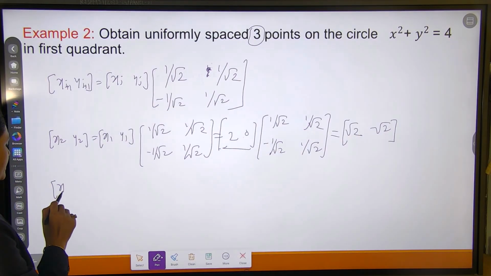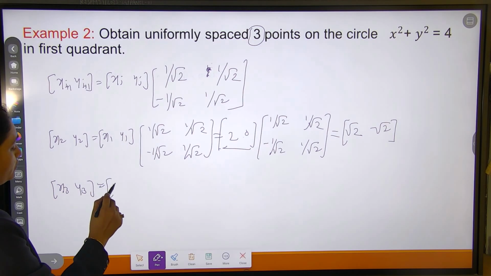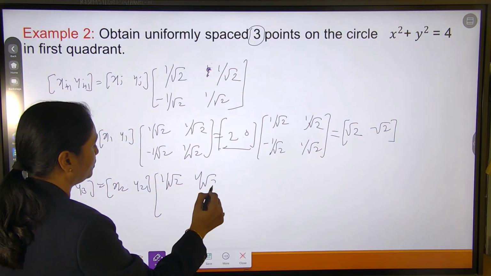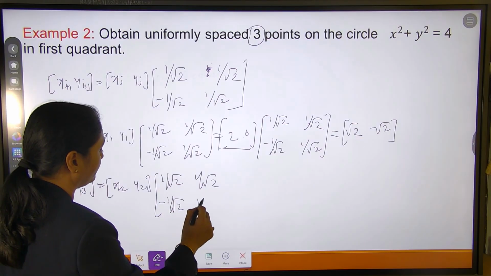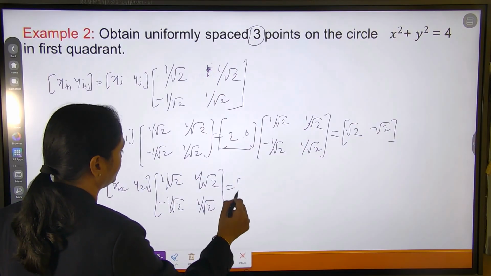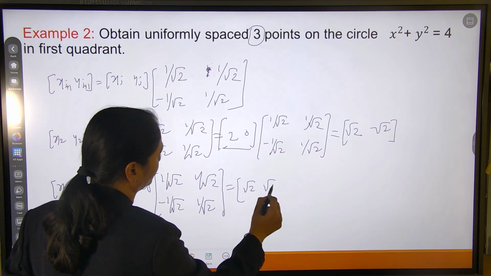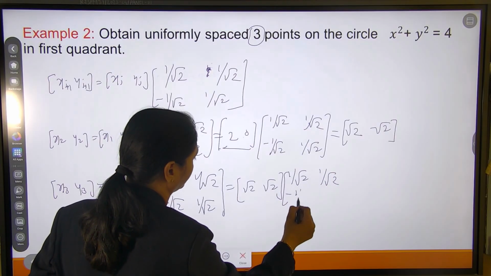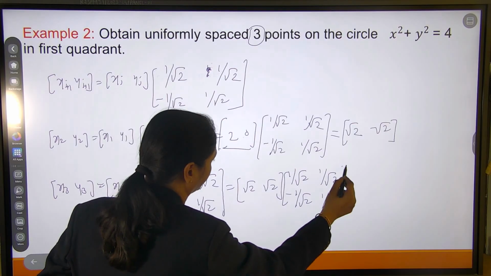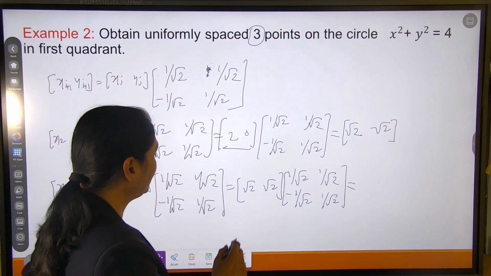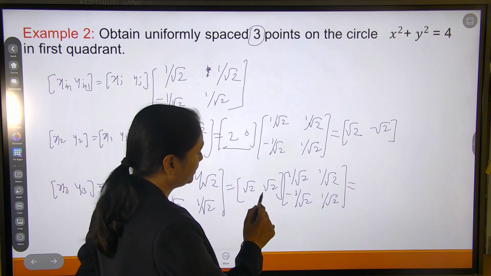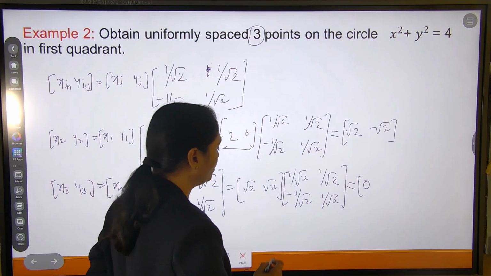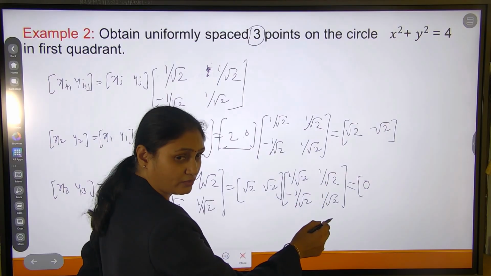And the third point x3 y3 is equal to x2 y2 into 1 upon root 2, 1 upon root 2, minus 1 upon root 2 and 1 upon root 2. So x2 y2 is root 2, root 2. After multiplication, root 2 into 1 upon root 2 is 1 and root 2 into minus 1 upon root 2 is minus 1, so the first coordinate is 0. Then root 2 into 1 upon root 2 is 1 and root 2 into 1 upon root 2 is 1, that is 2.